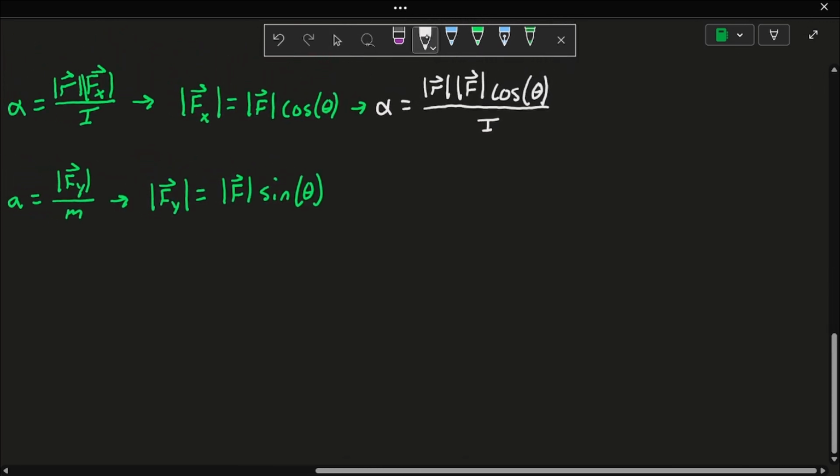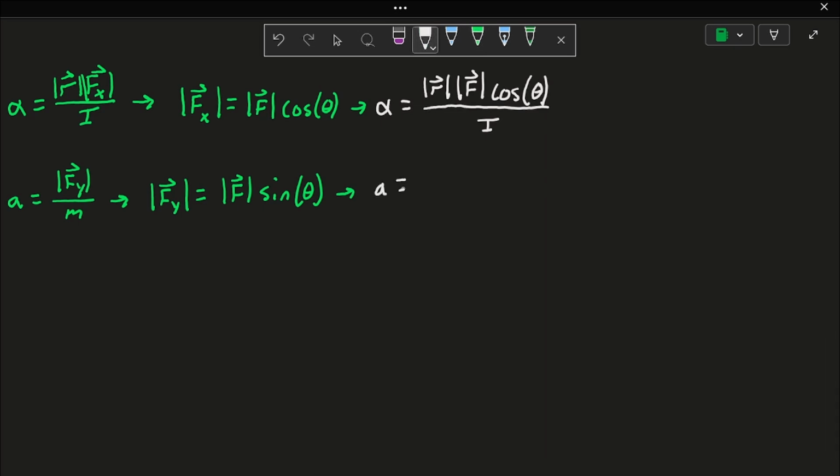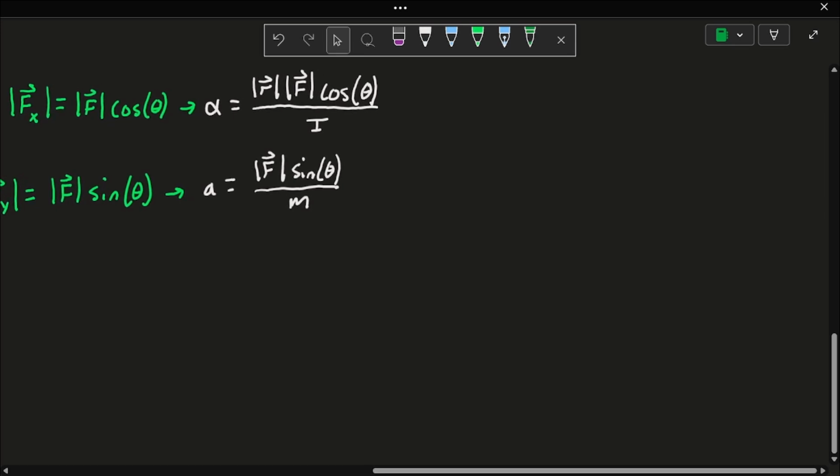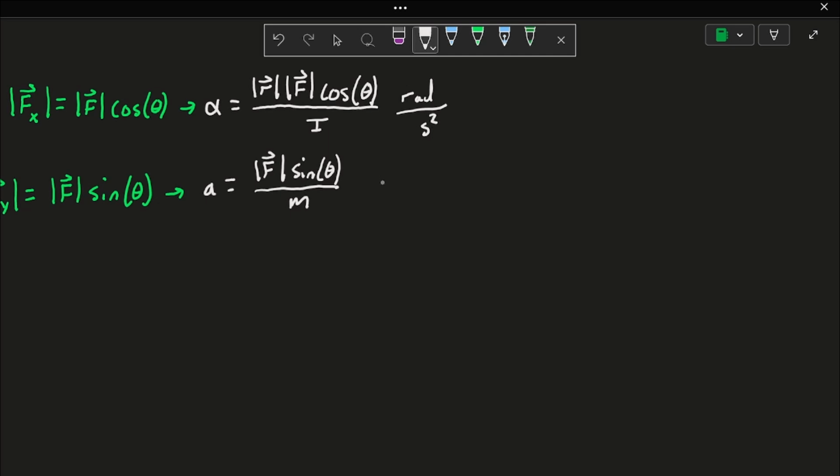Now, again, substituting that equation in, we get that our translational acceleration equals magnitude f multiplied by sine theta divided by our mass. And a good thing to note on both of these is that this is radians per second squared, and this is meters per second squared, like so.